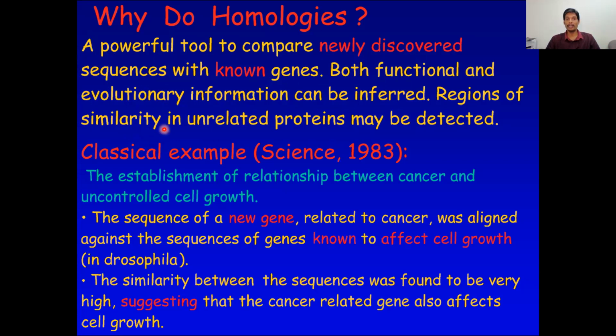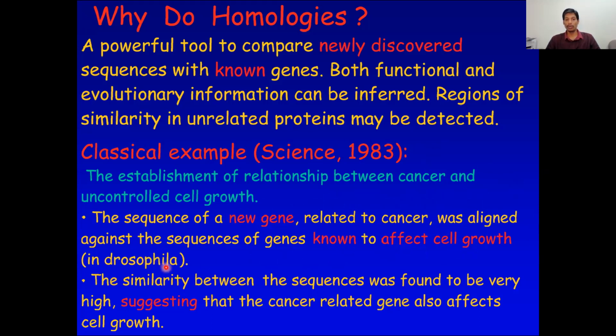Regions of similarity in unrelated proteins may be detected. A classical example: in 1983, after sequencing started, the relationship between cancer and uncontrolled cell growth was established. For example, the sequence of a new gene related to cancer was aligned against the sequences of genes known to affect cell growth.